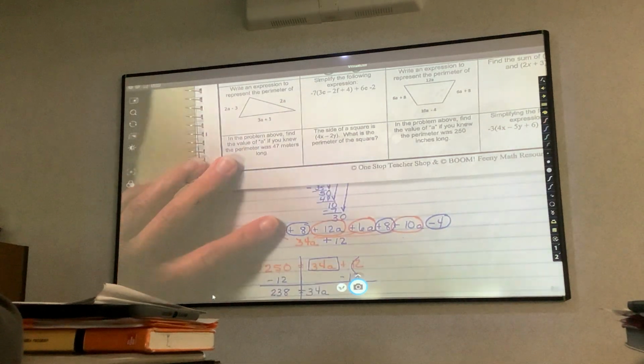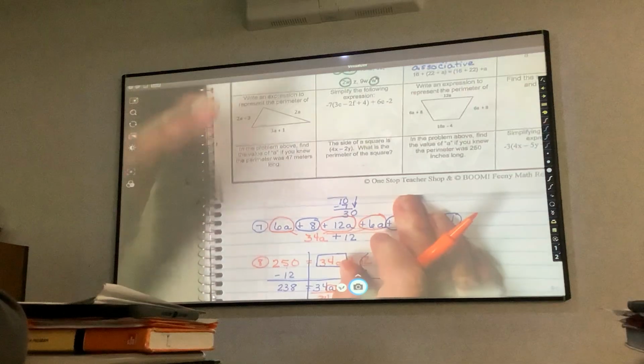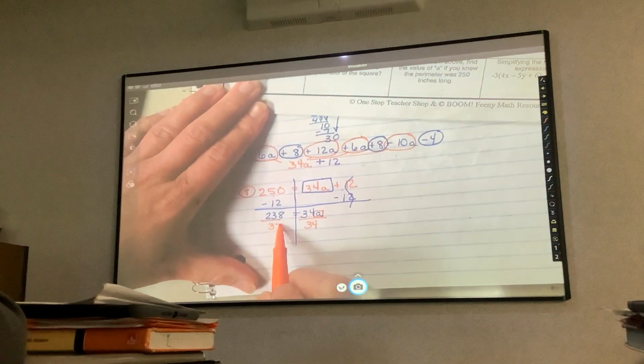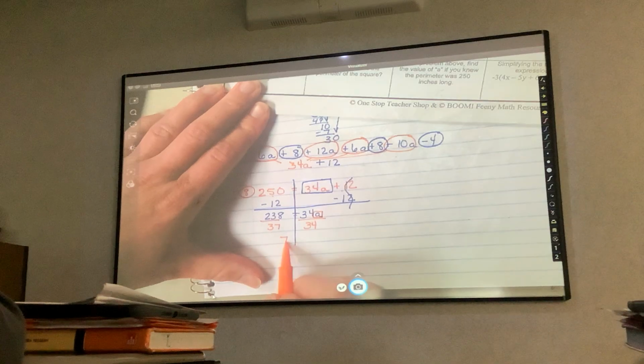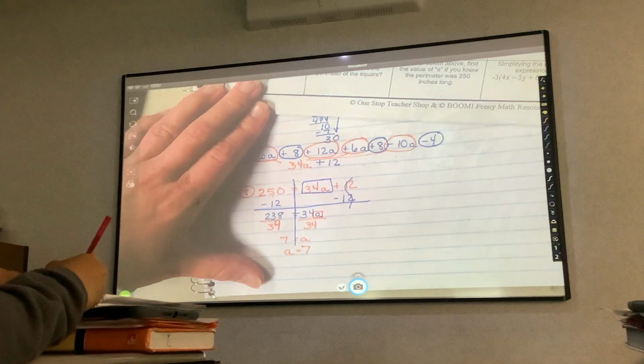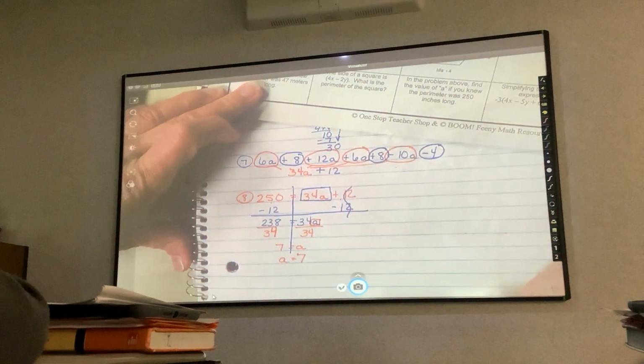Then I box the a and divide by 34. Oh, thank you. And what is it? 7. So 7 equals a, and then I rewrite it a equals. Oh jeez. Now I have 10. Yes. Alright. Make sure you're showing all of the work, guys.